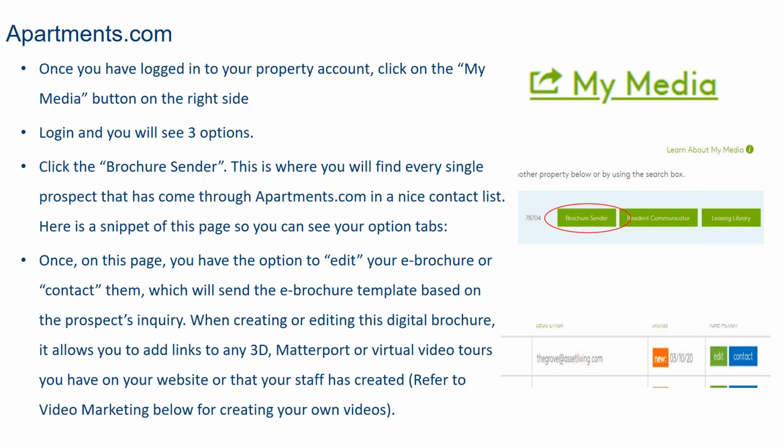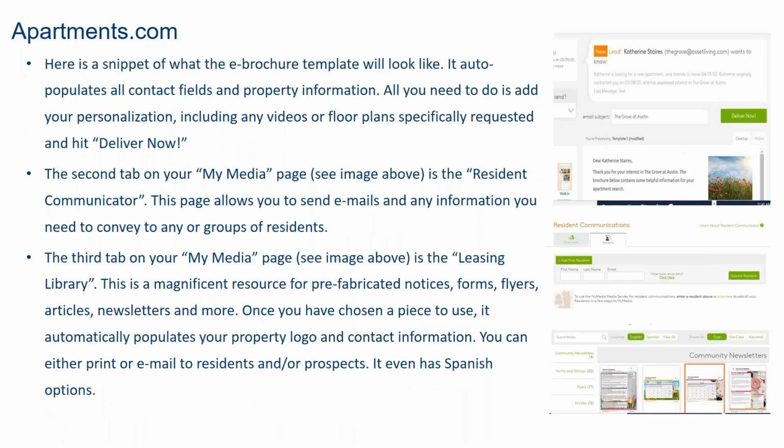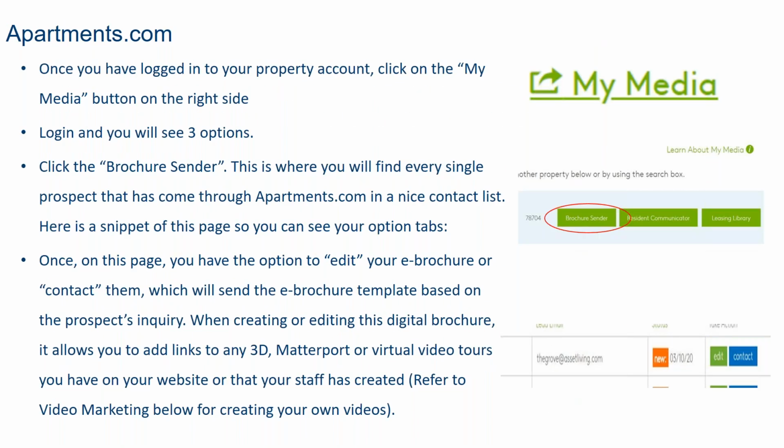Once you see that list, you'll see over here this right here, which means that it's a new prospect, a new contact. You can click on that to get more information about that particular prospect, or you can click over to the right where you see the edit and the contact buttons, the green edit and the blue contact.